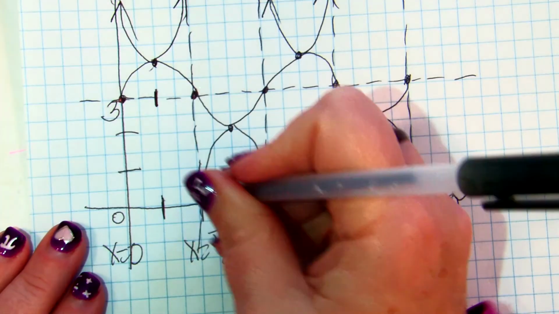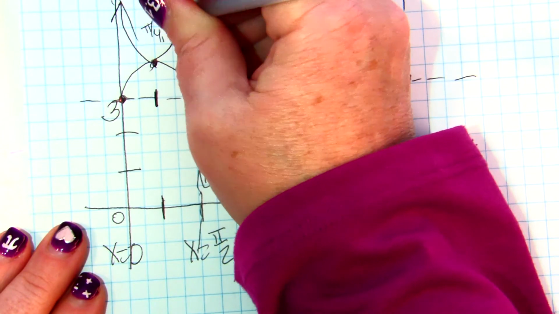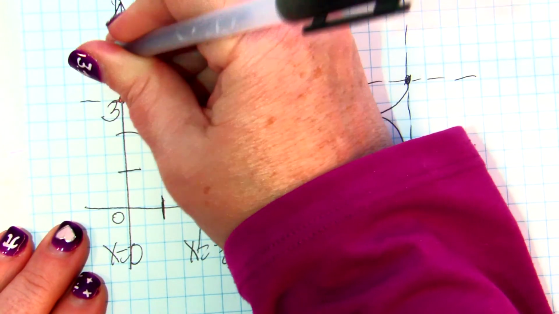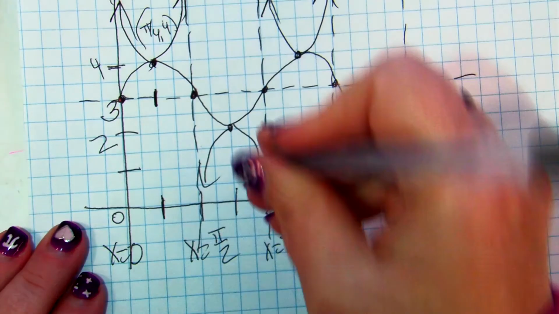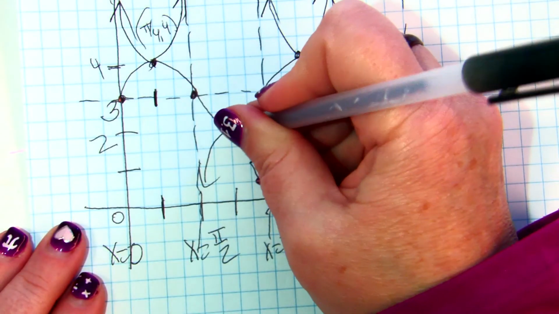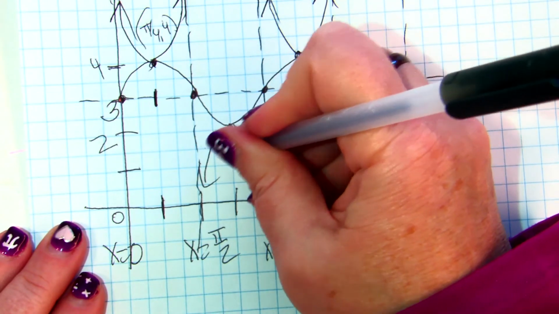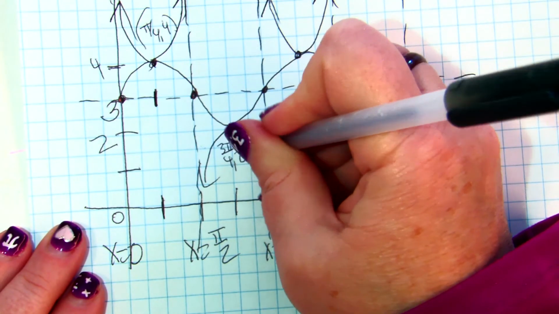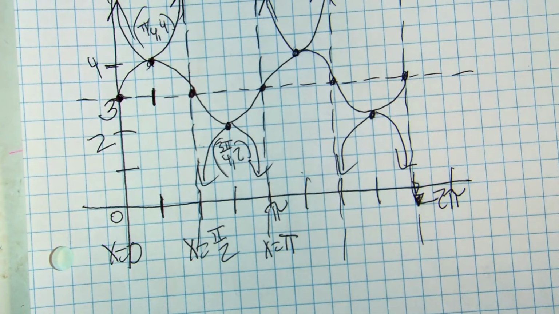Half of pi over 2 is pi over 4, so this is pi over 4, because it went up 1. This is halfway between pi over 2 and pi, so it's 3 pi over 4, 2. So 2 points is perfect.